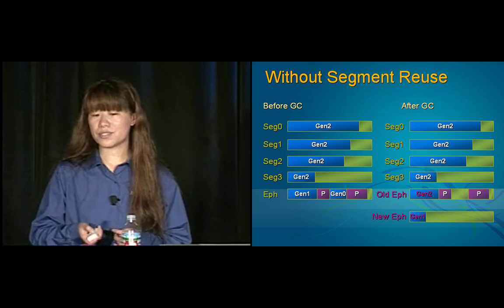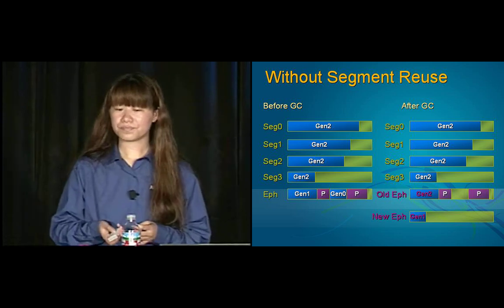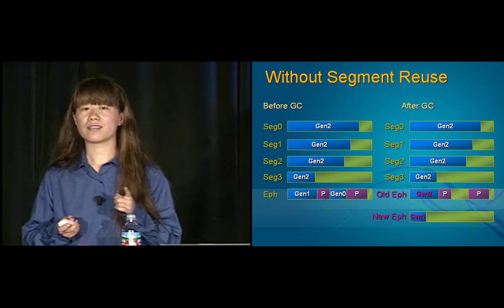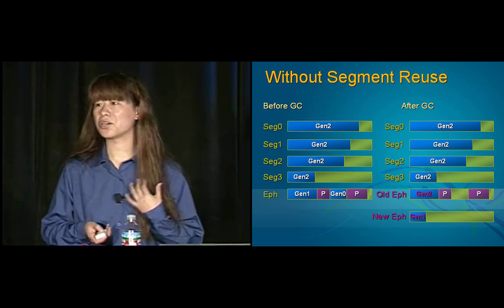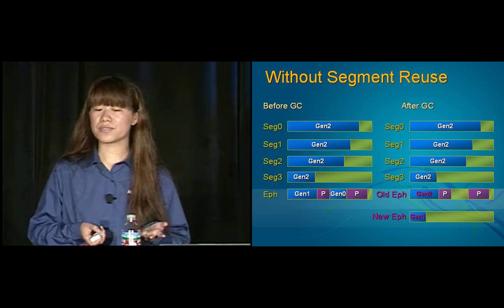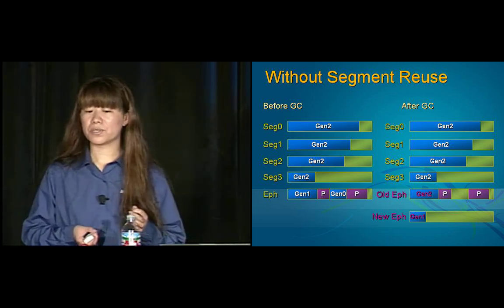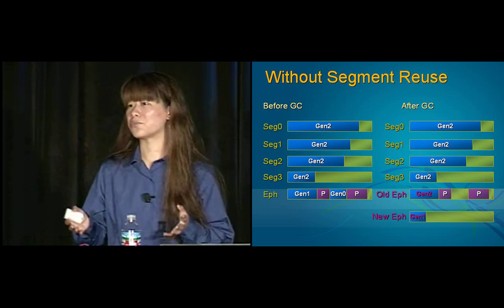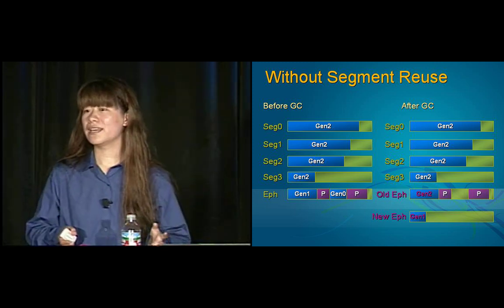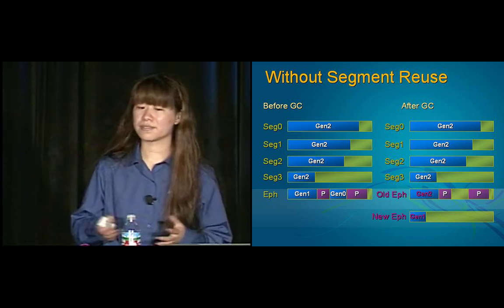After GC, we have this picture, because as you see, we're almost running out of space on the ephemeral segment. So we decided it's a good time to acquire a new segment. We acquire a new ephemeral segment, which has just Gen 1, because Gen 1 and Gen 0, since they're ephemeral generations, can only live in ephemeral segments.